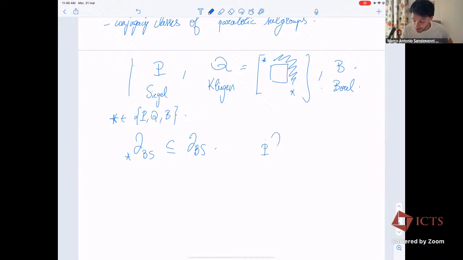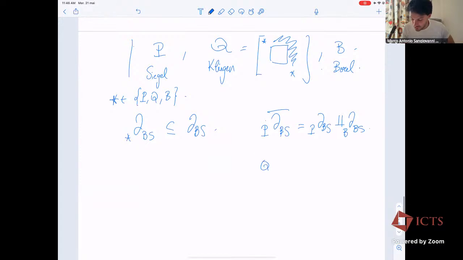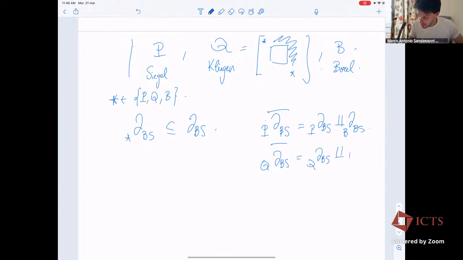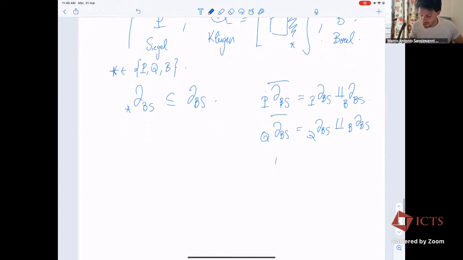So for example, the closure of the one attached to the conjugacy class for P is the one for P, disjoint union the one for Q, and for B. And the same thing for Q. And the stratum for B is closed. So there are general formulas to understand what the closure is, but in this case, it's just this.